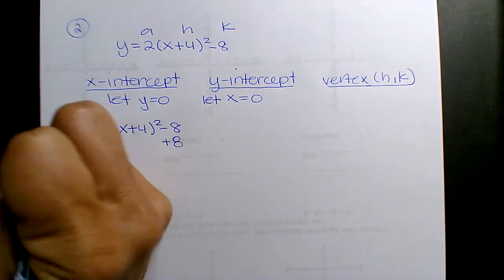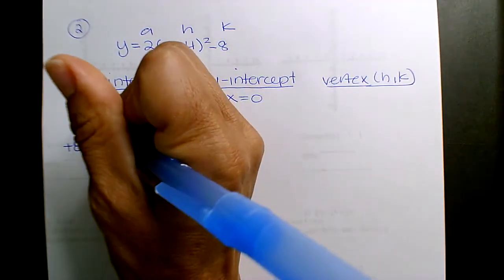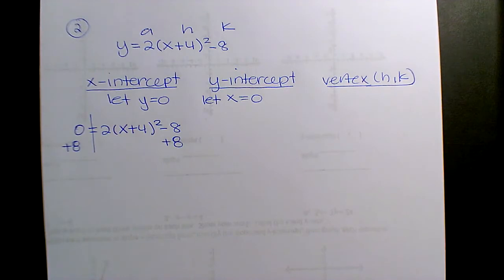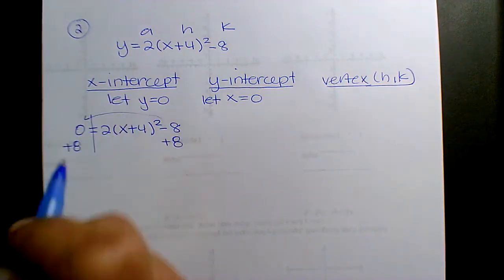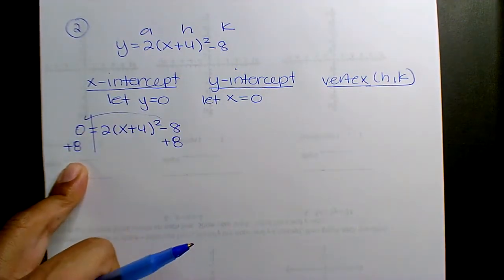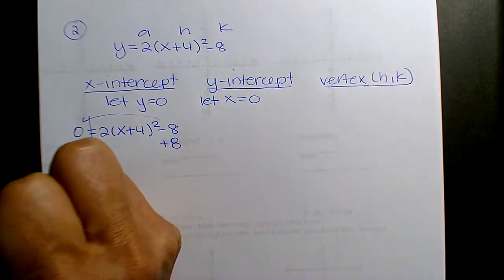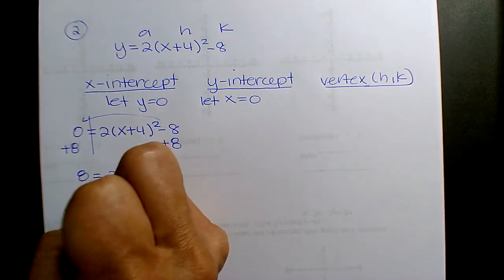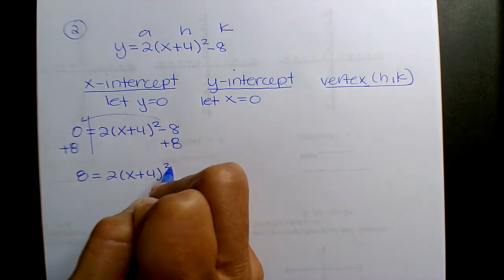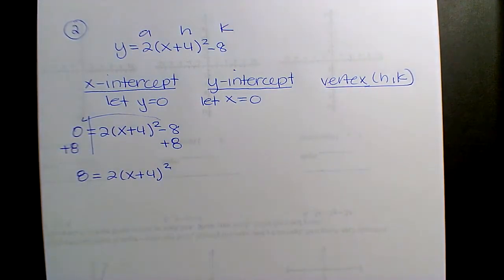Positive. So you jump that equal sign, because if you take it from the right to the left, you inverse operate, which means you switch the sign and you add. So I get 8 equals 2, quantity x plus 4, squared.